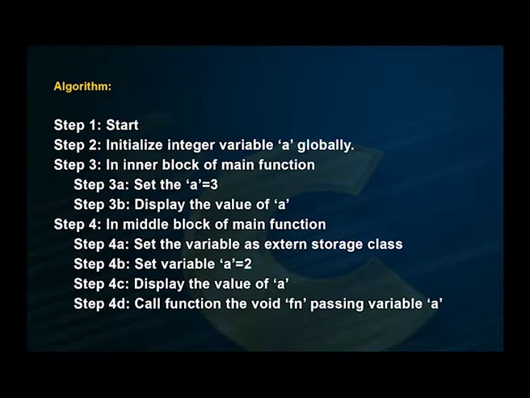Step 4a, set the variable as extern storage class. Step 4b, set variable a equal to 2. Step 4c, display the value of a. And step 4d, call the function void fn passing variable a.